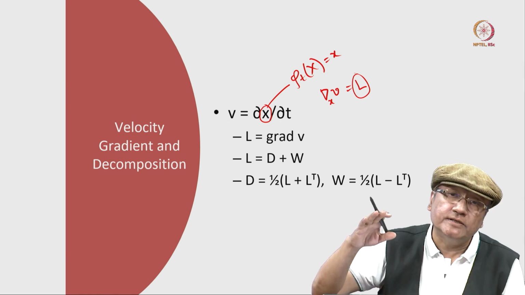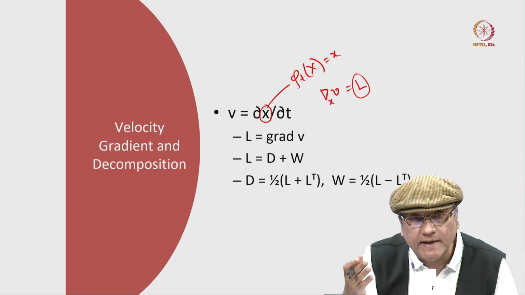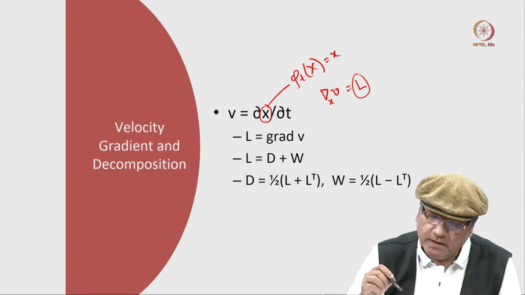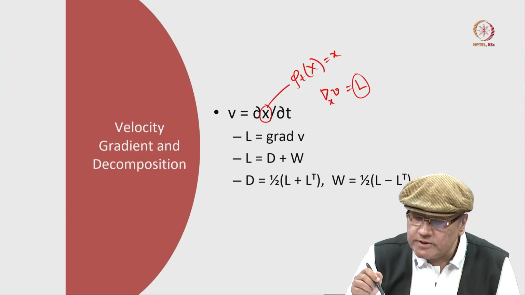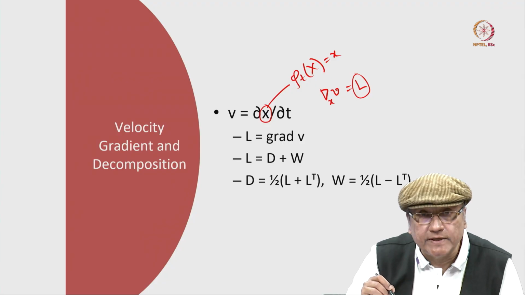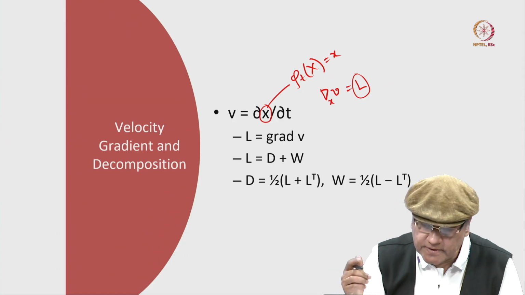V has a representation in the material as well as spatial configurations, but we look at v right now as a spatial vector. So this is my velocity gradient. It is also a matrix because v is a vector, and if you take a gradient with respect to another vector x, it becomes a matrix.